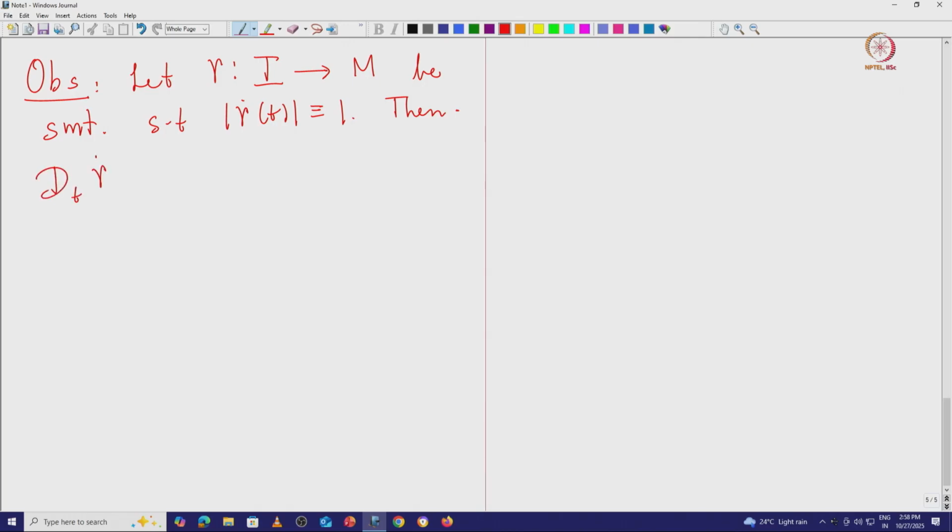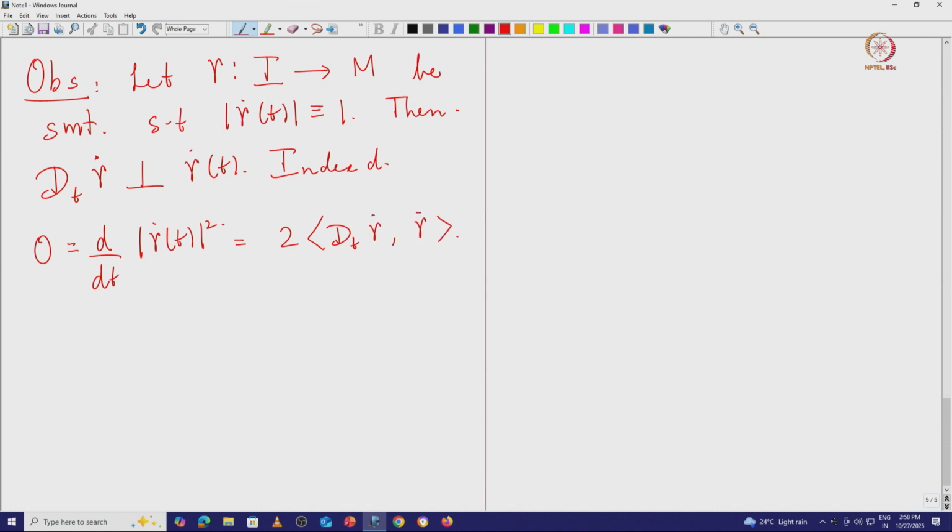One can check that the intrinsic acceleration, which is the covariant derivative of gamma dot along gamma, is actually perpendicular to the velocity vector. Why? Because, as I said, this is a calculation we have done many times. You simply differentiate the speed squared, which is 0 because it is constant 1, but then by the metric property of connections this is simply this.